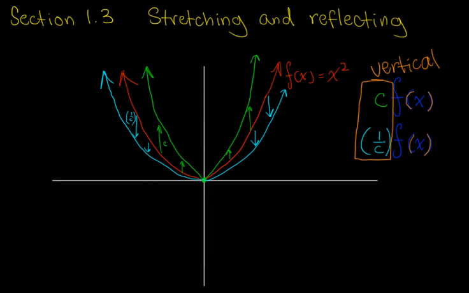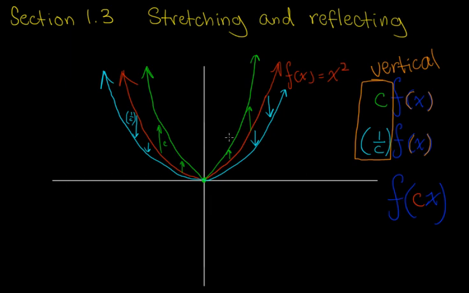For example, what if I have f of c times x. Okay, multiplication of a constant inside the argument of the function. That is a horizontal shrinkage or compression.